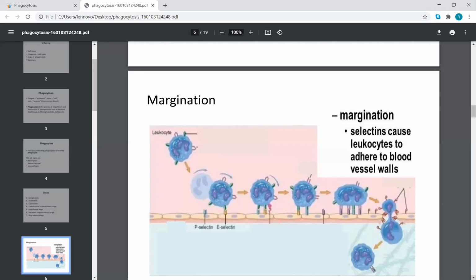Now, the white cells here have various projections that are exhibited in times of inflammation. The white cell is depicted with a circular motion, rotating to the right.